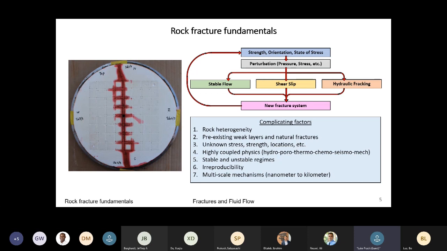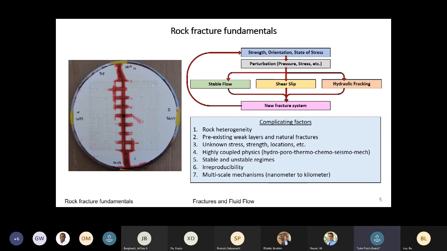At a very fundamental level, this is absolutely crucial information if you want to do any sort of predictions about induced seismicity, stimulation, anything along those lines. Once you do inject fluid at high pressure, or just even lower pressures, you can get into three different regimes, and sometimes all three at the same time.